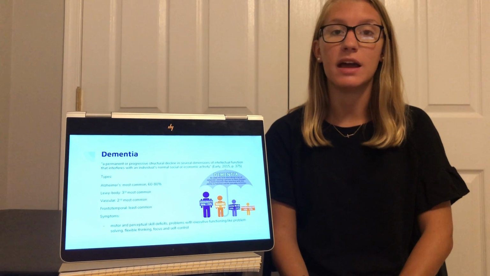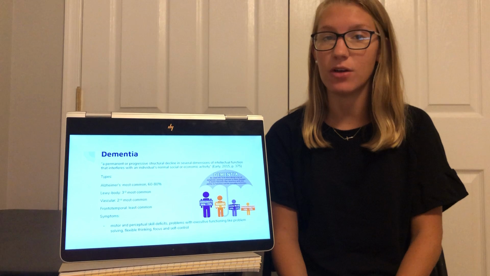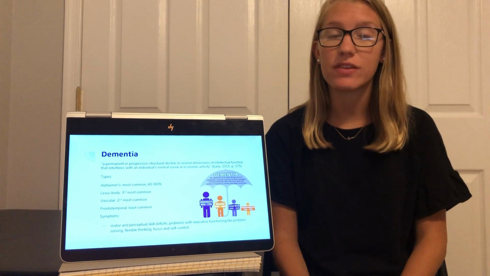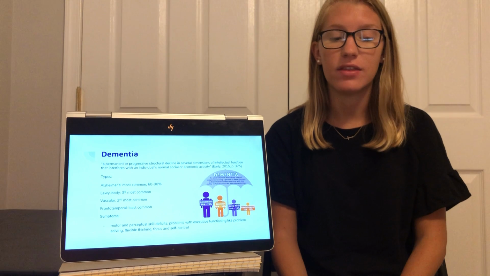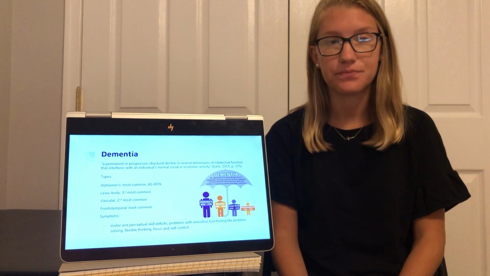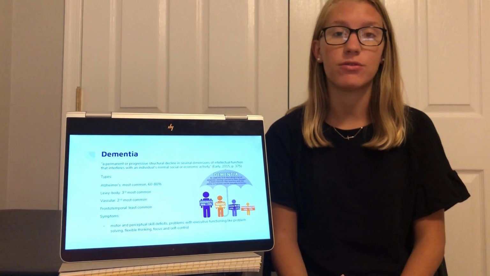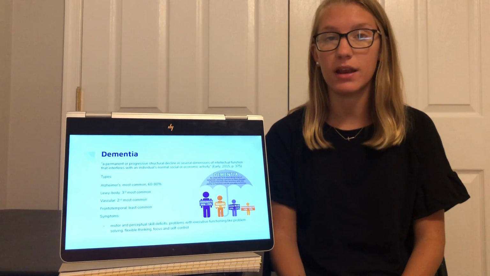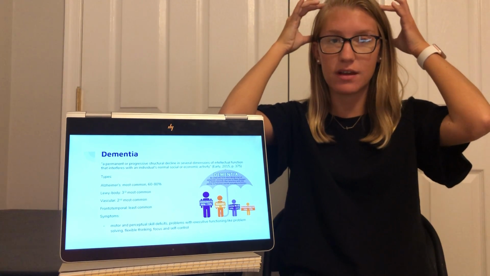This is caused by Lewy body buildups, which are protein buildups on the nerve cells in the brain. Lastly, we have frontotemporal dementia. This is the least common form of dementia, but it is a group of brain disorders that affect the frontal and temporal lobes of the brain. Your frontal lobe is in the front and your temporal lobes are on the side.